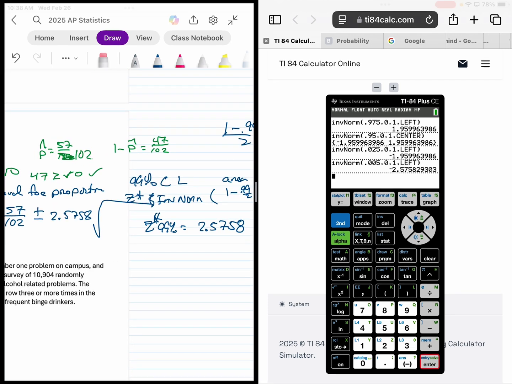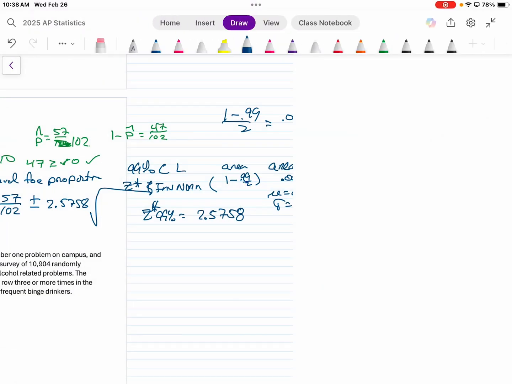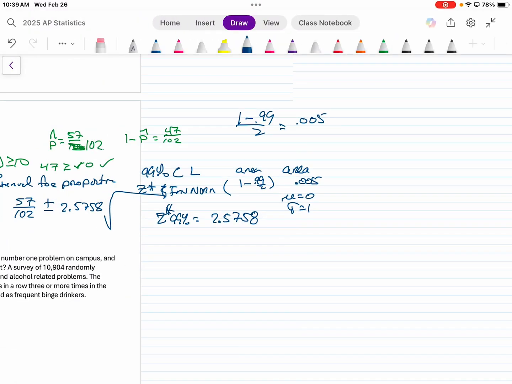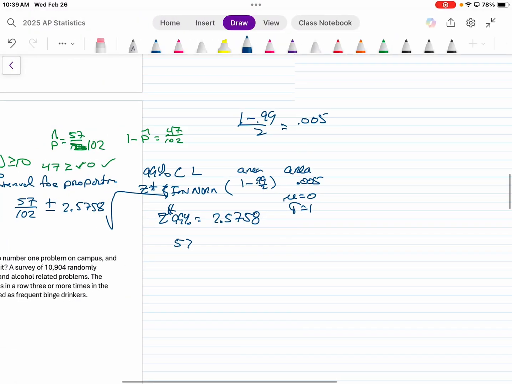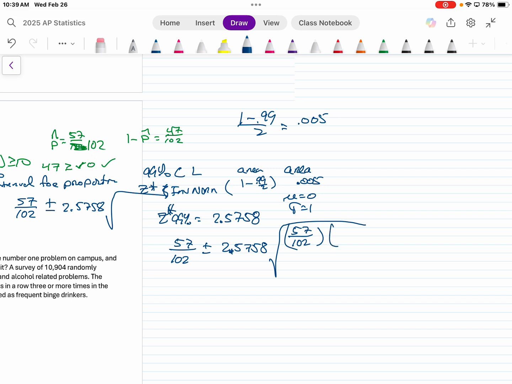I'm running out of room, so I'm going to recopy that down. p hat, 57 over 102, times 45 over 102, over 102.